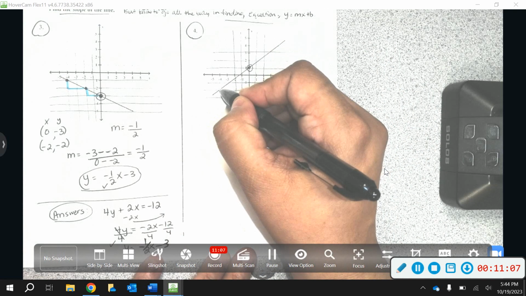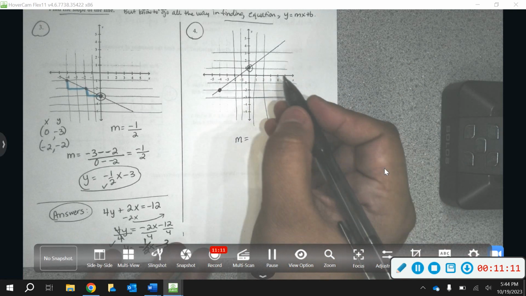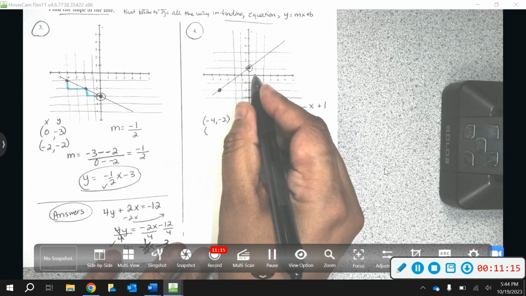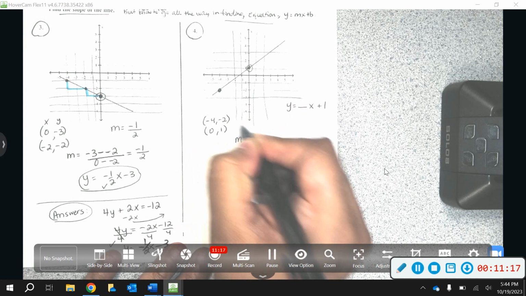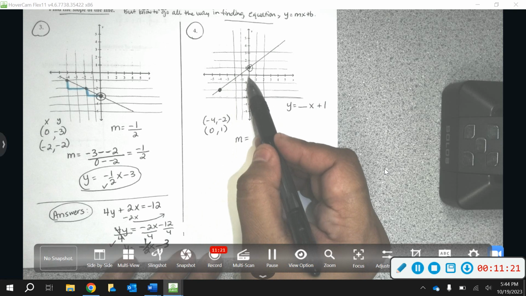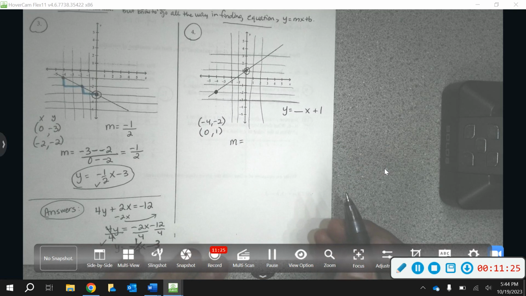I will see right here, -4, -2. All right, so I have -4, -2, and then I have 0, 1. So -4 is my x, -2 is my y. 0 is my x, 1 is my y. Okay. How do I solve for my slope?